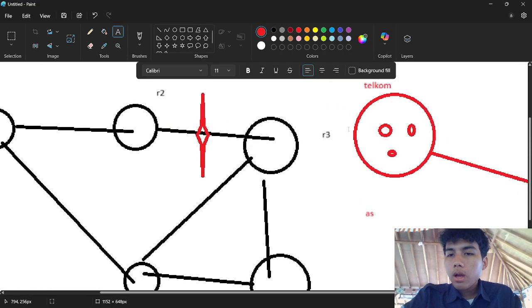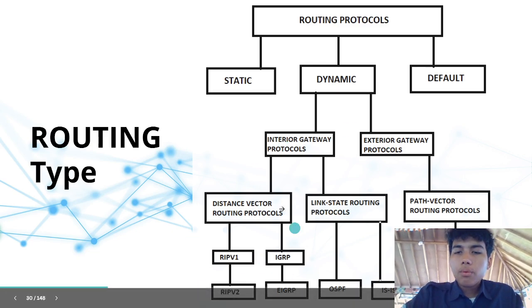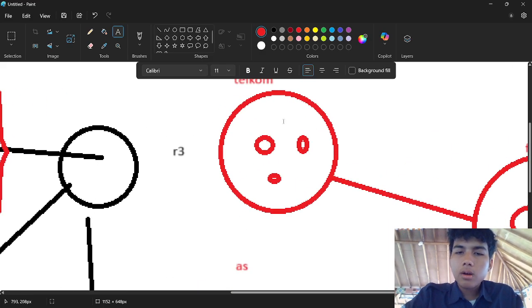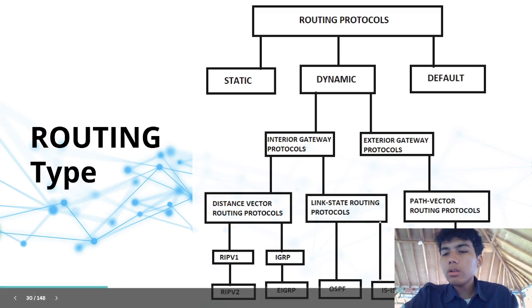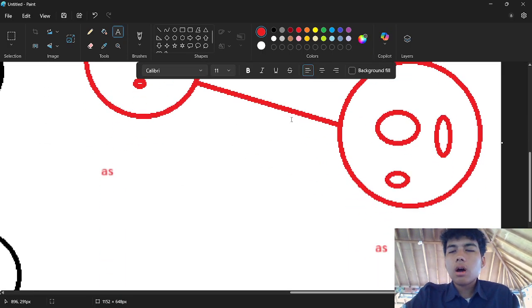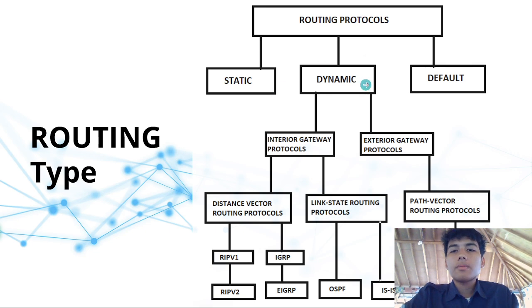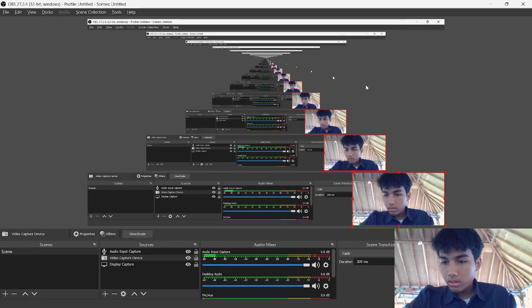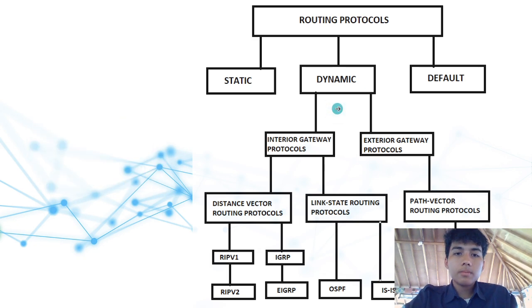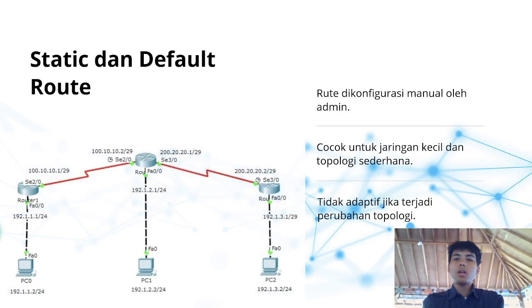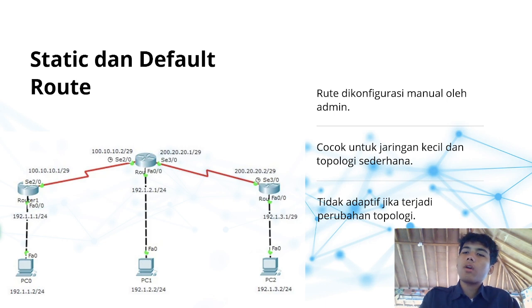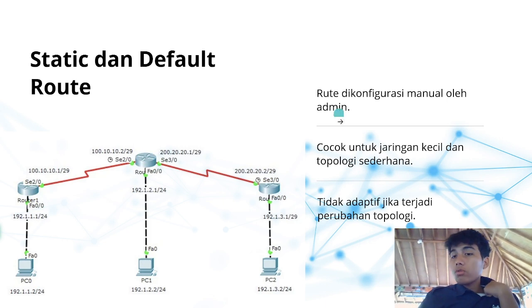All of these are configured inside the autonomous system, and BGP is configured between autonomous systems. As I explained, static is manual by the admin, good for a small company, and not adaptive if there is an error.